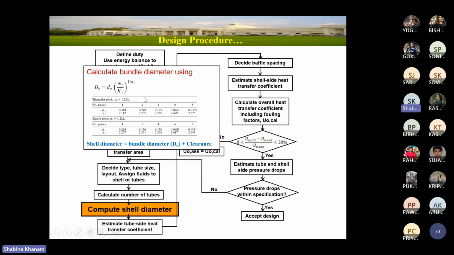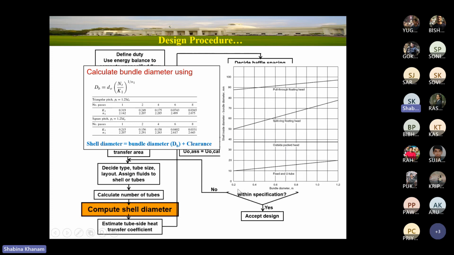Then you can calculate the bundle diameter, right? And once I have this bundle dia, you can calculate the shell dia by adding the clearance to the bundle dia, and that clearance will depend on the type of heat exchanger you are considering, which you have already decided before.